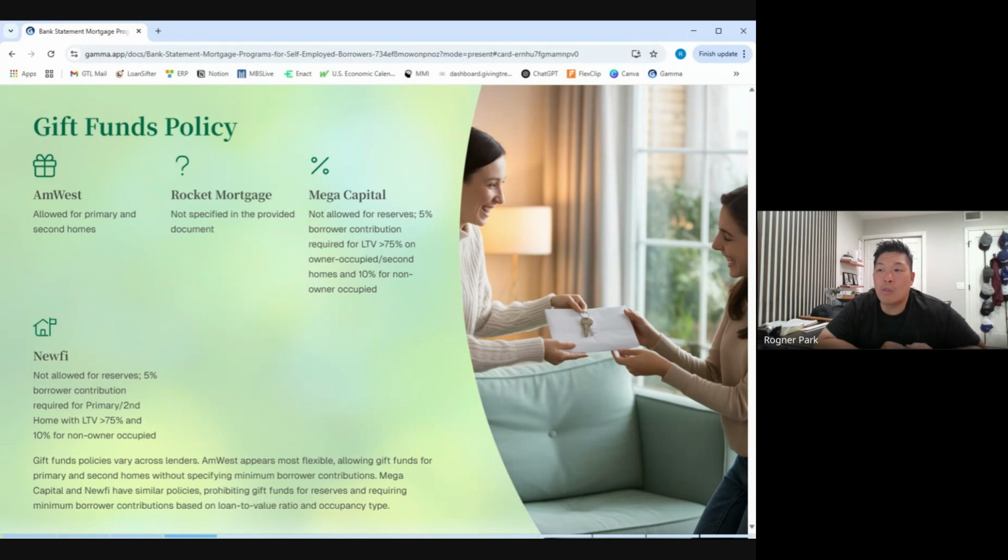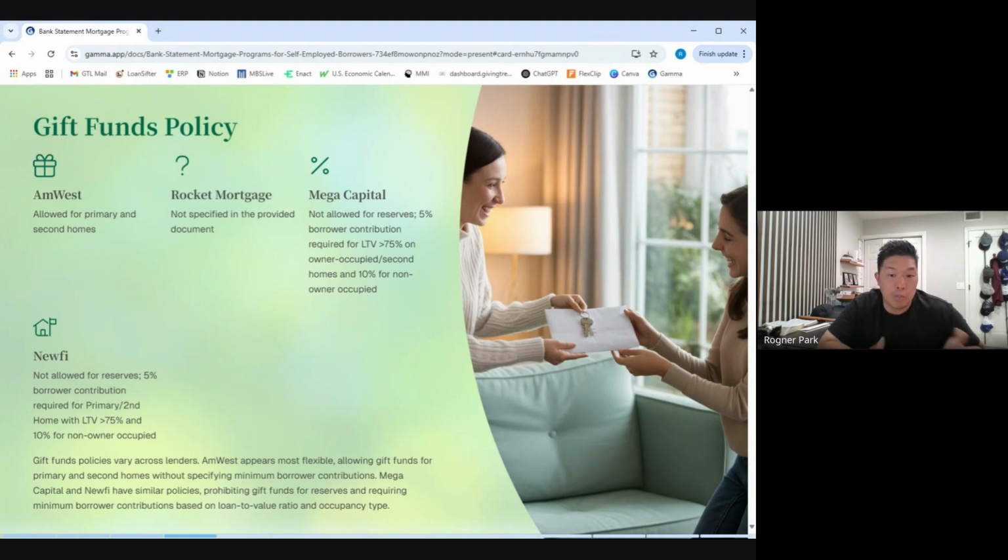Okay, and the same goes with NewFi. You will learn that NewFi is pretty aggressive in their matrix as well, just like Mega. Usually for myself, all my non-QMs, I've either gone with NewFi or Mega. I like going with Mega better because we can get rebates.